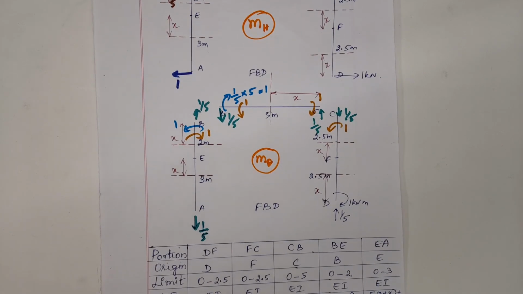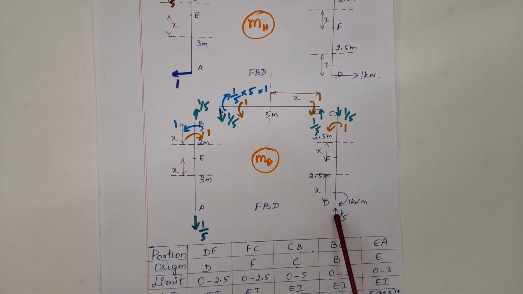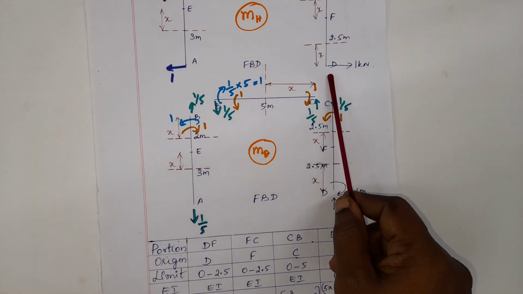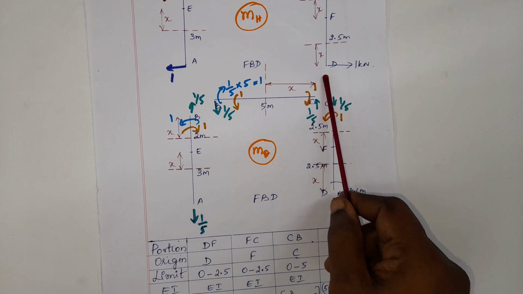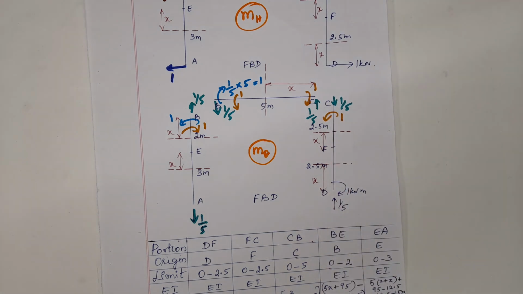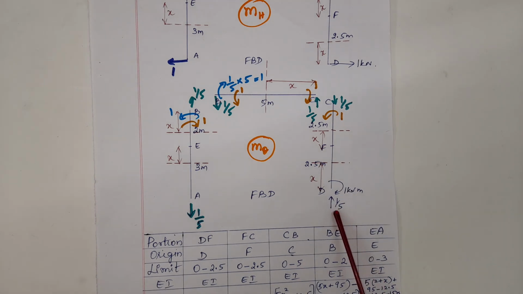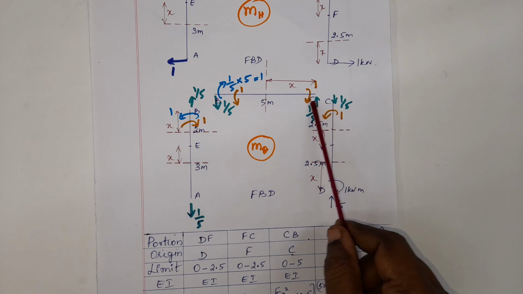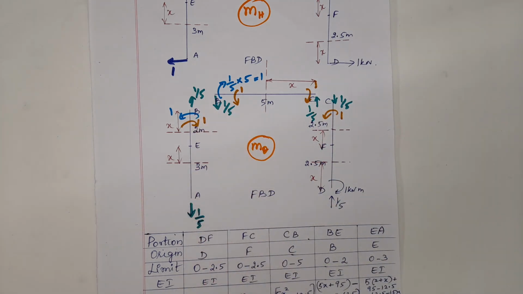Next, M theta. So giving a unit moment at D alone and devoid of all other loadings in the given problem. So here, starting from D, we didn't have any reactions in the vertical direction, so we didn't mark any reactions in the previous case. So here we have reactions due to the moment we have determined in the first step. So for this reaction, we have drawn all the axial forces opposing each.